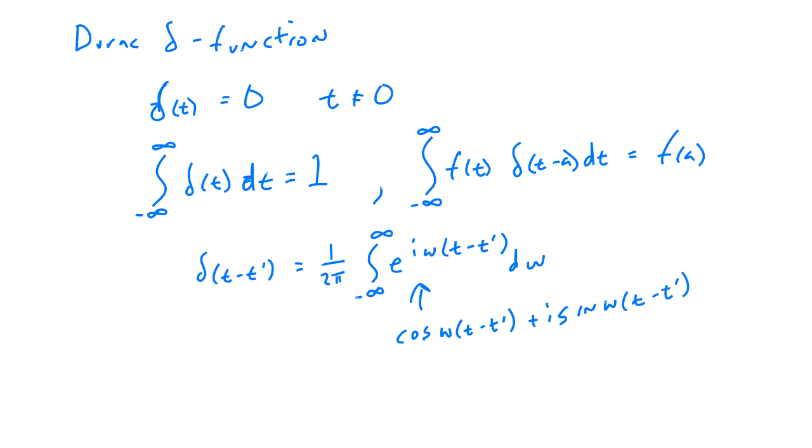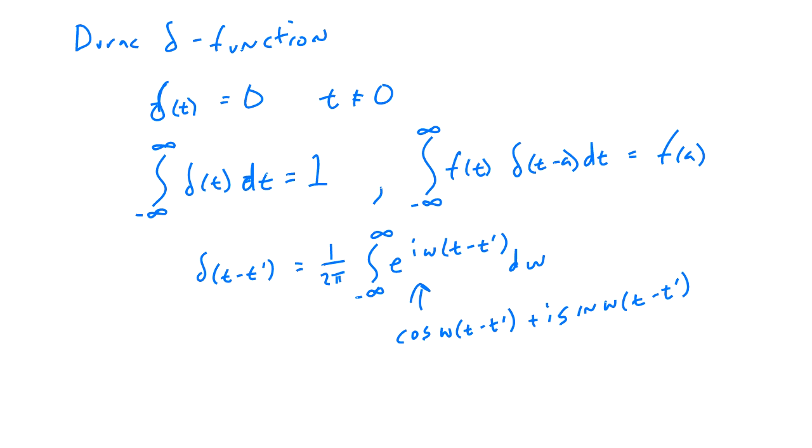And whenever t and t prime are different from each other, then we end up with these periodic functions which will cancel out as you integrate. So you're going to get the same value at different points when you integrate over a period, and therefore you're going to get 0.